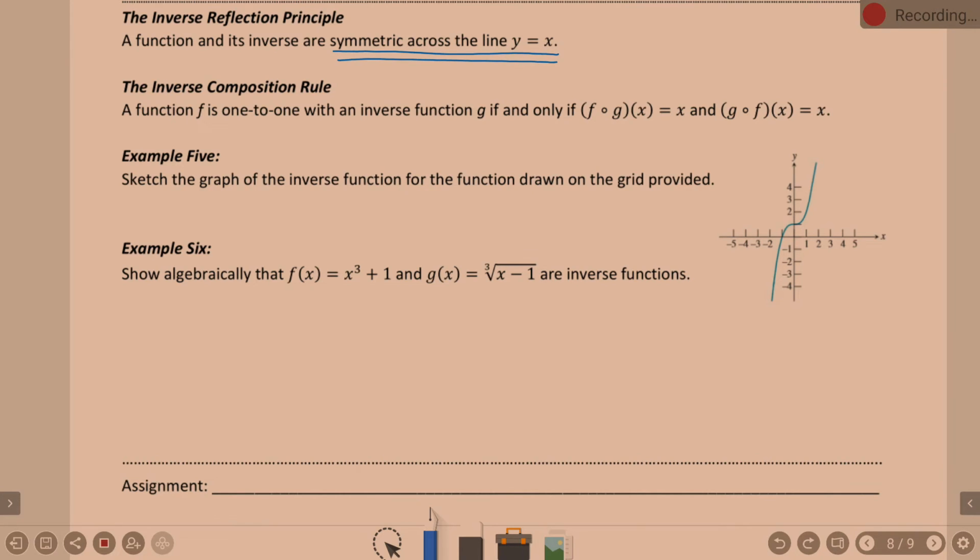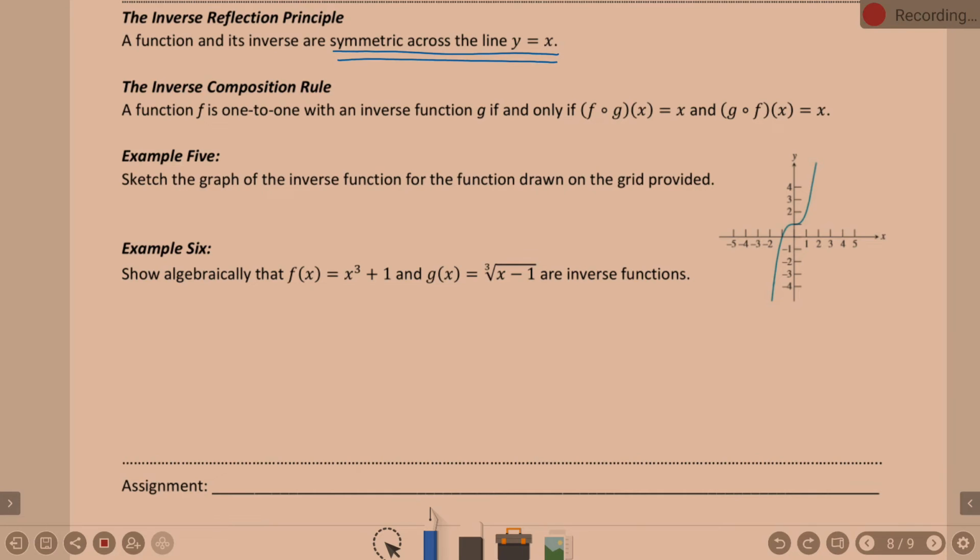So graphically, if you have two equations graphed, to know if they are inverses by looking at the graph, they are symmetric across the line y equals x. And we'll talk about that here in a moment in example 5.